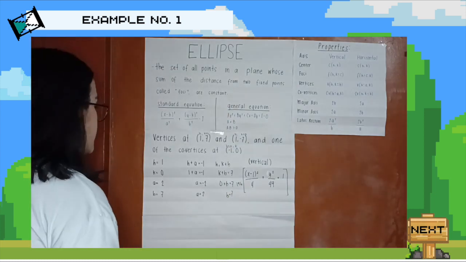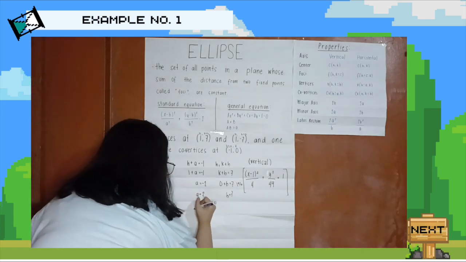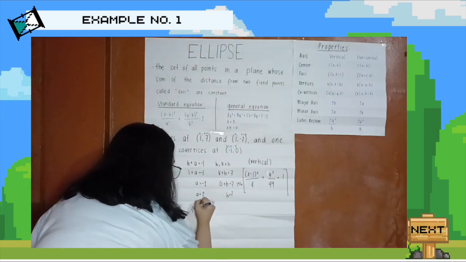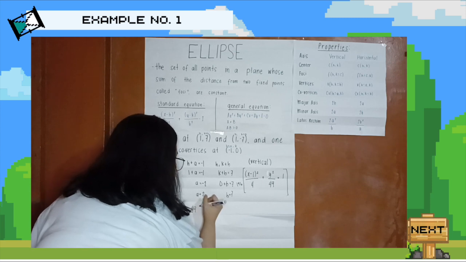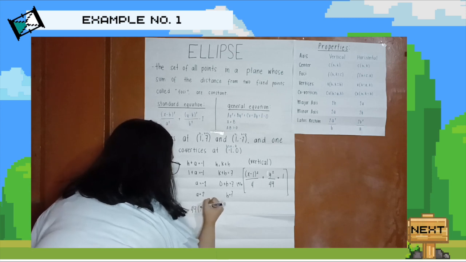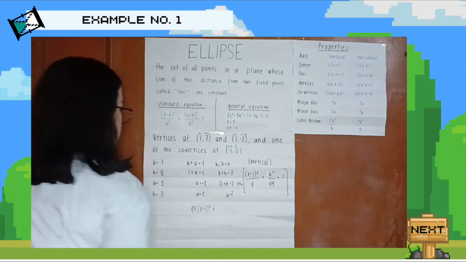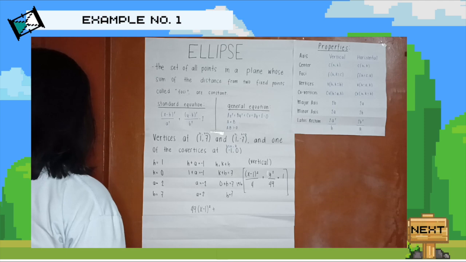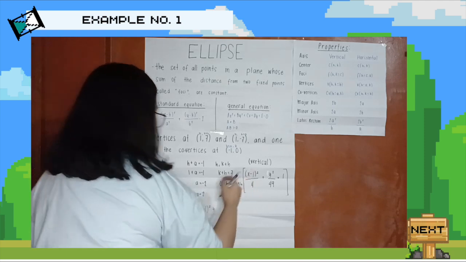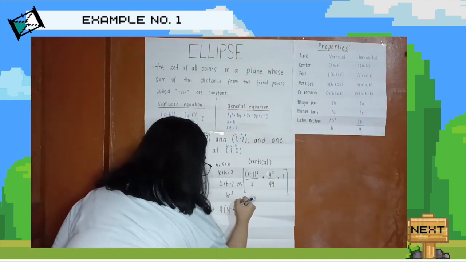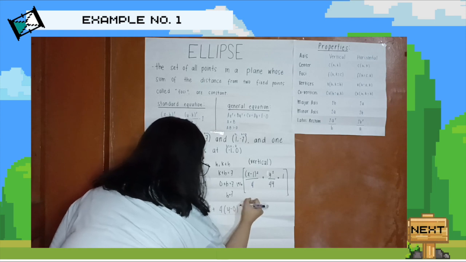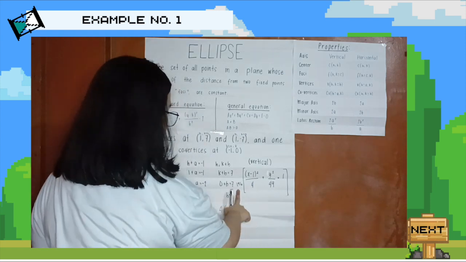So 49 times (x minus 1) squared, plus 4 times (y minus 0) squared, is equal to 196.